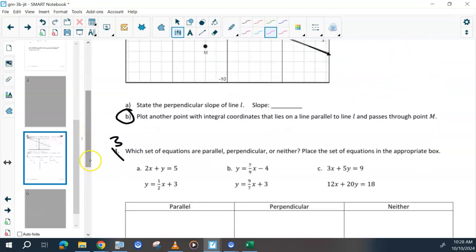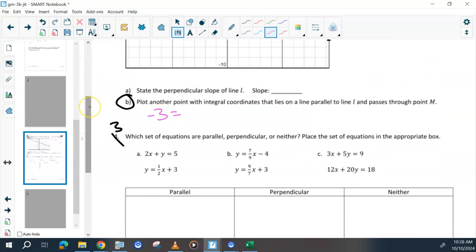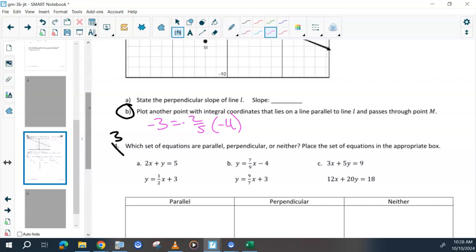So that would be -3 equals our slope -2/5 times our x value -4 plus b, and I would solve this.